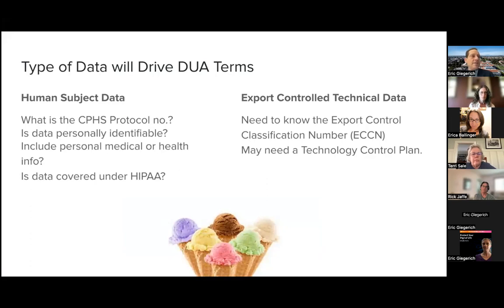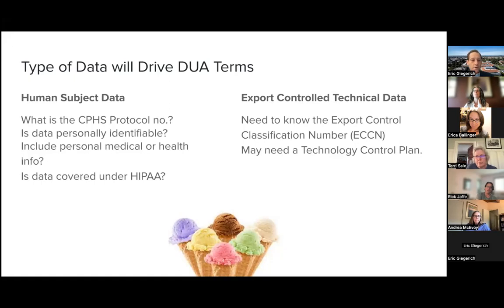Think about what a data use agreement covers. The type of data that you are seeking, or will be given, or are promised can drive the terms that show up in your agreement. These are only a few examples. If you have human subject data, whether it's health data, prison data, or some kind of social service or state agency data, or from a healthcare provider, you will most likely have a CPHS protocol.